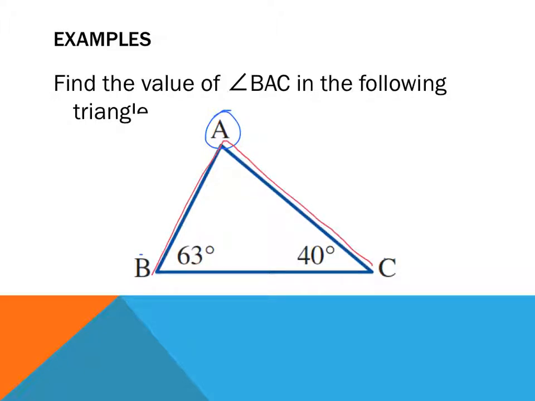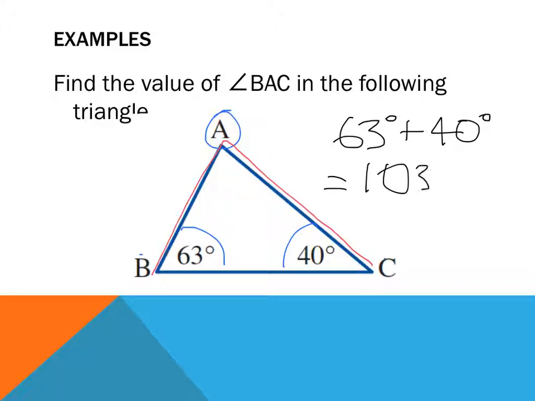Okay, so if Euclid tells me that all angles add up to 180, let's see what I already have. So I have 63 and I have 40. So 63 degrees plus 40 degrees equals 103 degrees. If the whole thing adds up to 180, I simply go 180 minus 103 becomes 77 degrees.